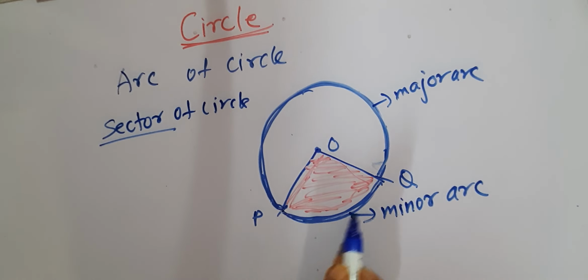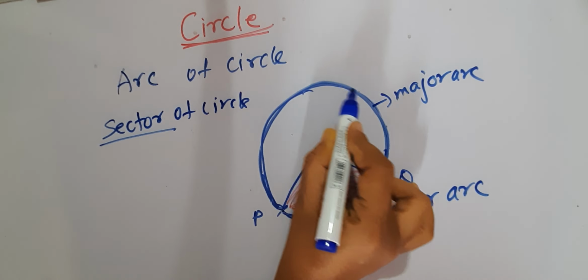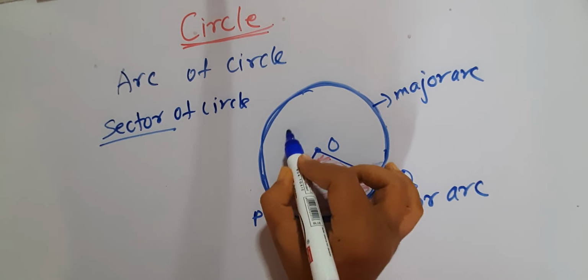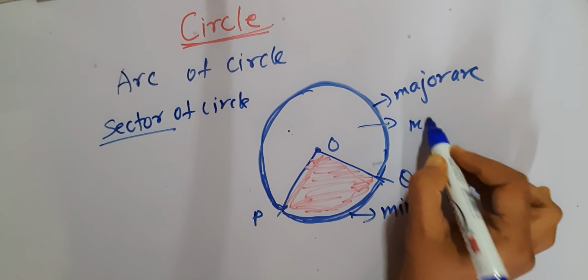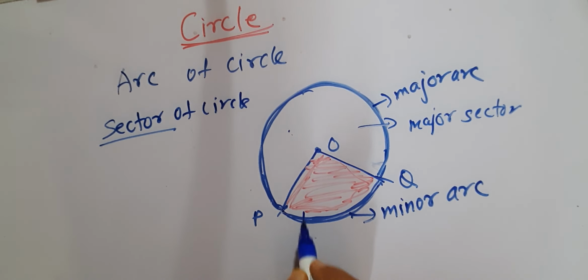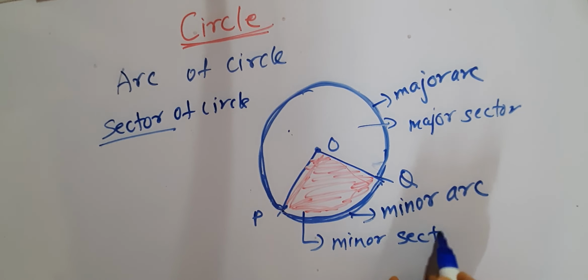This is the smaller sector, and if I take this part, this is the bigger sector. So this is the major sector and this is the minor sector. So for sector also we have major sector and minor sector.